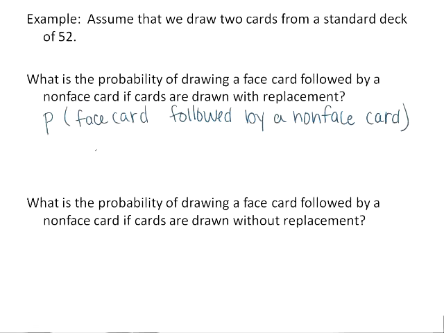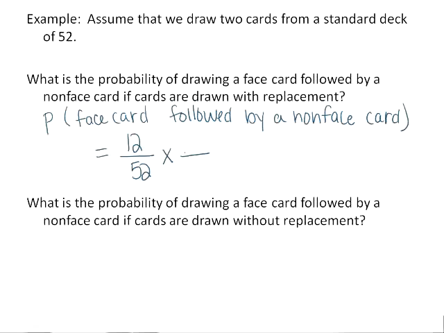So what is the probability of drawing a face card on the first draw? Well, there are 12 face cards out of 52, and we're going to multiply that by the probability of getting a non-face card on the second draw.